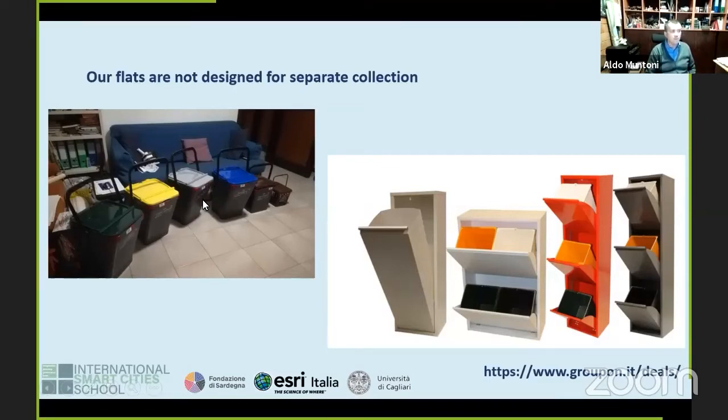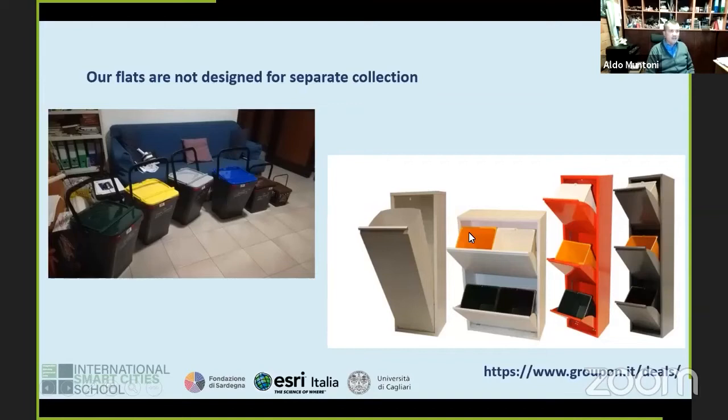And if you have a small baby, you can imagine how many diapers you are going to use every day. And you easily realize that you cannot keep the residual waste at home for more than a few days. But in any case, there is also this problem. So we also need smart flats where we can do a good separate collection.